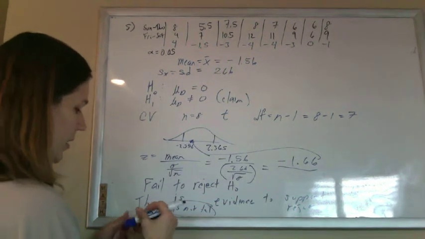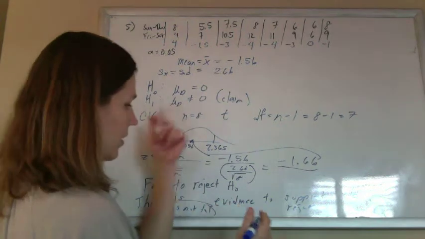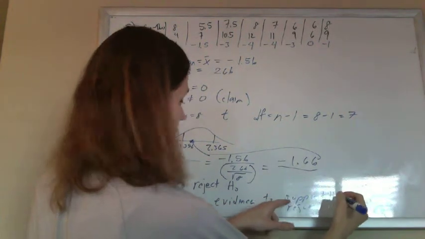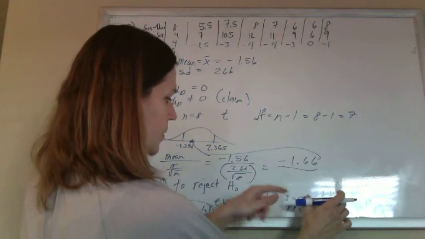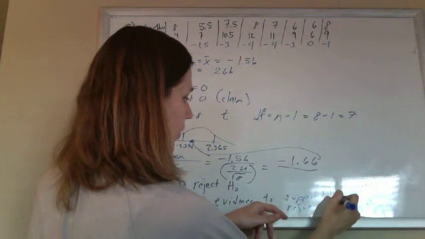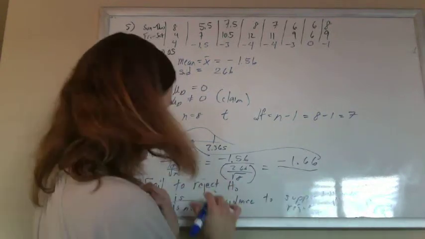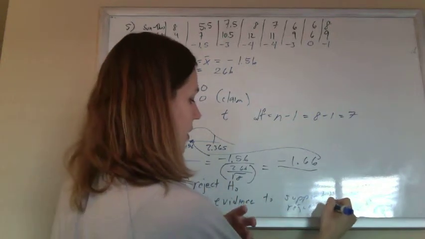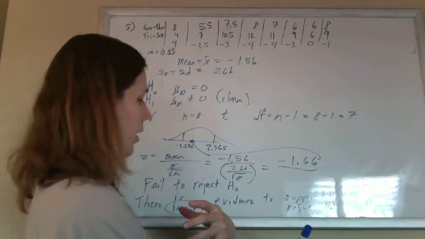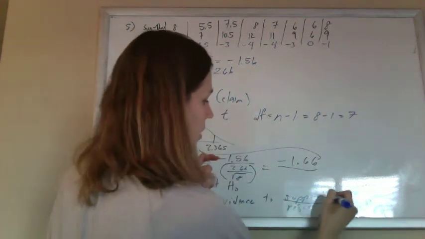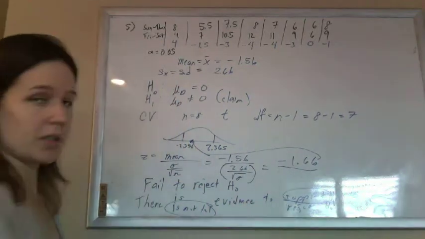So there is not enough evidence to reject. Well, no, wait, we're always going to talk about supporting the claim if our claim was H1. We're always going to talk about rejecting the claim if their claim is the null. Since in this case our claim is the alternative, we're talking about supporting. So there's not enough evidence to support the claim.